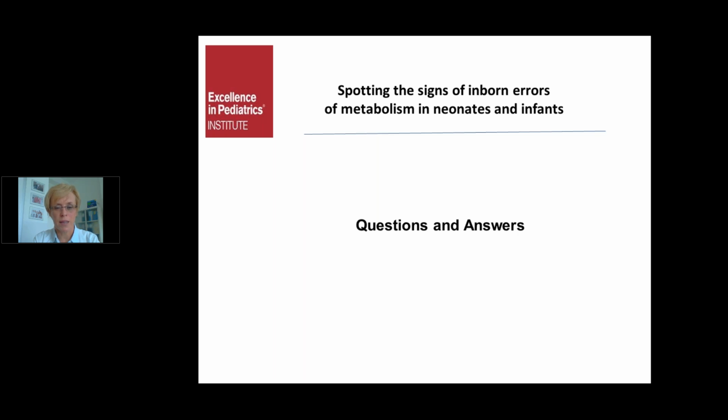In different countries, the list of the conditions that are included in the NBS panel performed with MS is really very different, and it is a very country-specific issue. The country which has developed the system to probably the highest level right now is the United States.